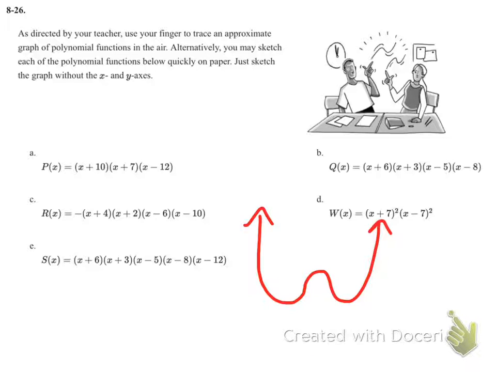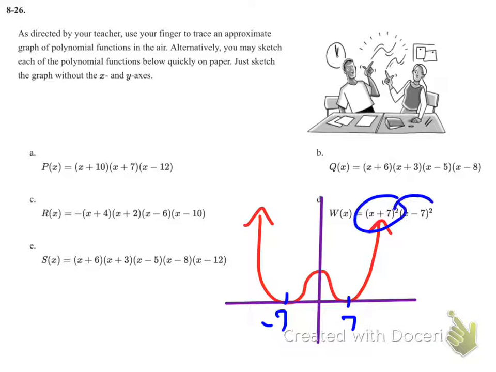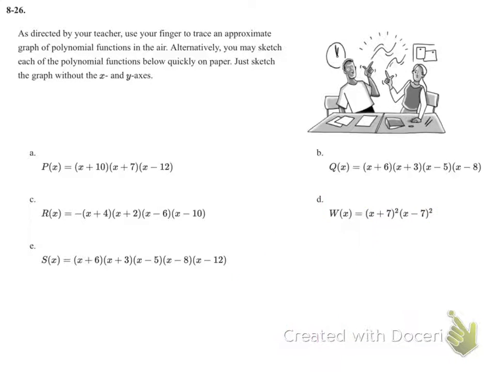The difference here with this one is with those being squared, and again, we're not really using our x and y axes, but if I would use my axes, they would have intercepts at -7 and at +7, and they would bounce off because of those both being squared. Again, I'll talk about that in a later problem on this lesson, but that is something we discussed in class from lesson 8.1.1 as well.